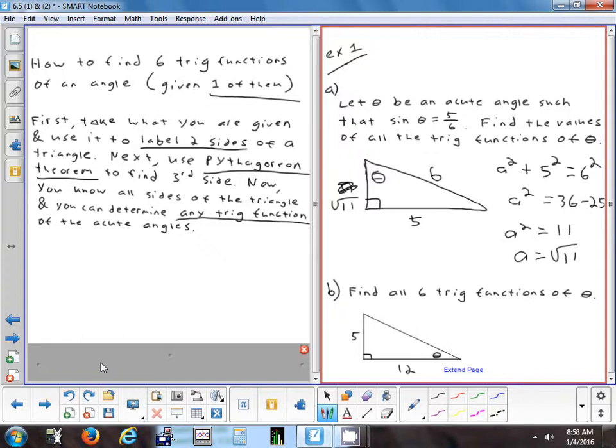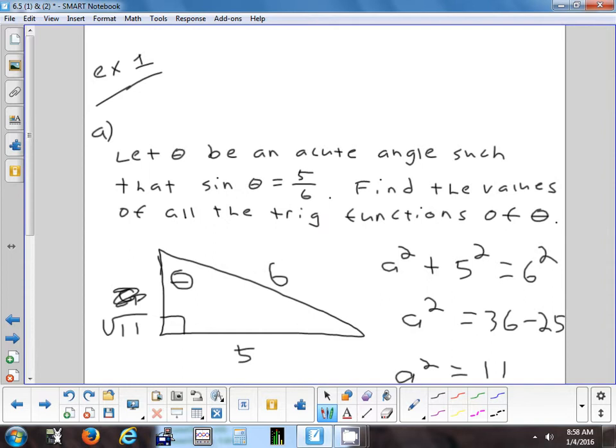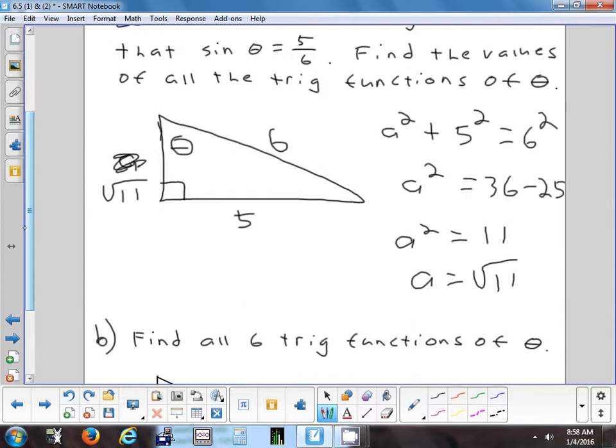Okay, any questions on that? All right, so now let's write down our other trig functions. Okay, Brian, can you tell me what my cosine would be?